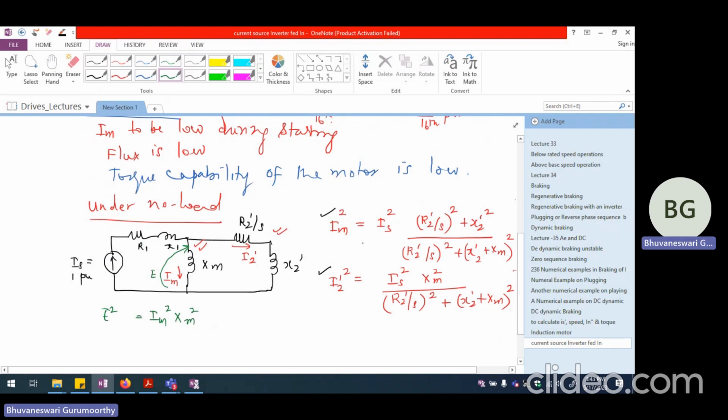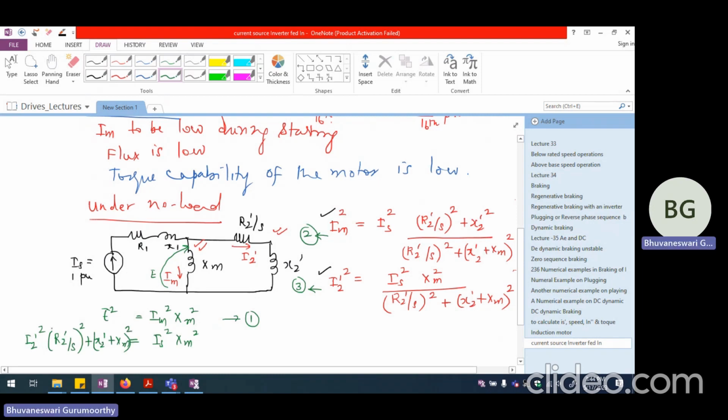And if I call this equation 1 and this equation 2, and this equation 3, then equation 3 can be written as Is square multiplied by Xm square is equal to I2 dash square multiplied by R2 dash divided by S the whole square plus X2 dash plus Xm the whole square.